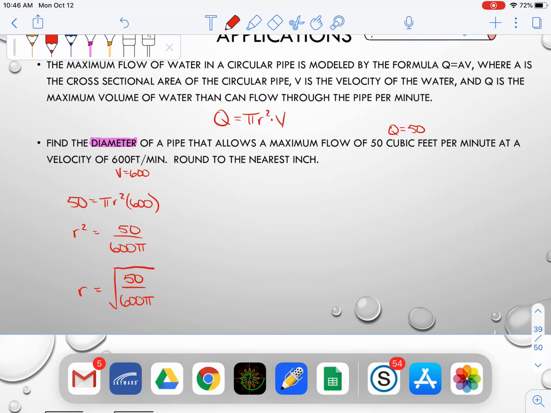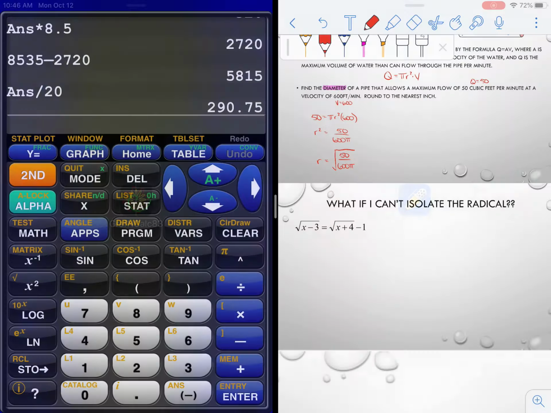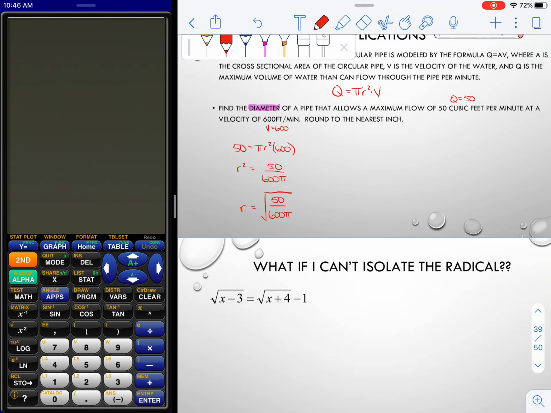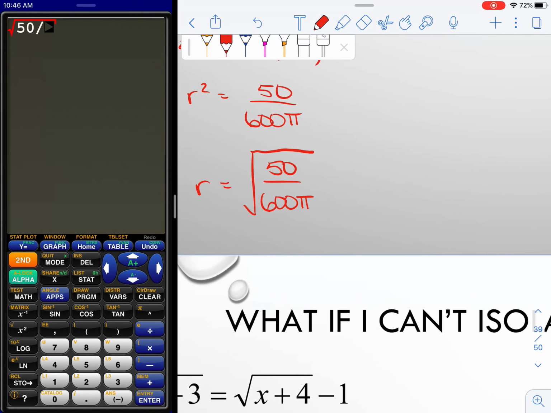Let me pull up my graphing calculator and put this in. I'm going to have the square root of 50 divided by. Notice I have more than one quantity in my denominator. If I just write 600 pi, the calculator will interpret that as the square root of 50 divided by 600 and then times pi.